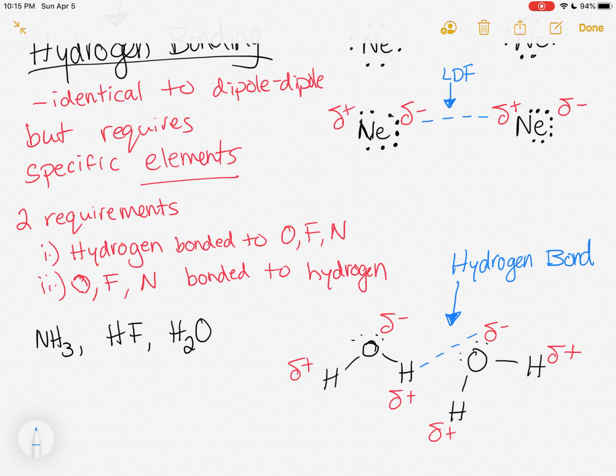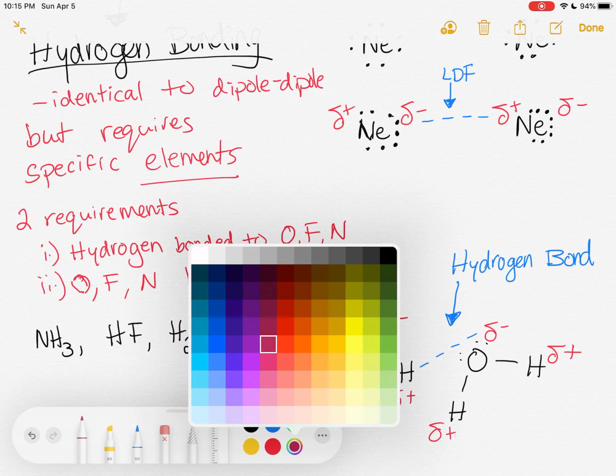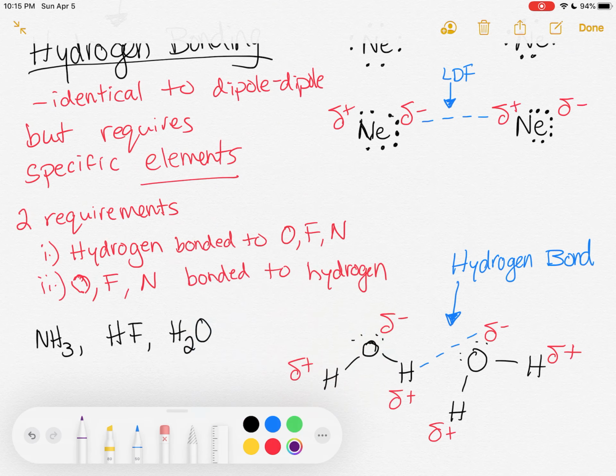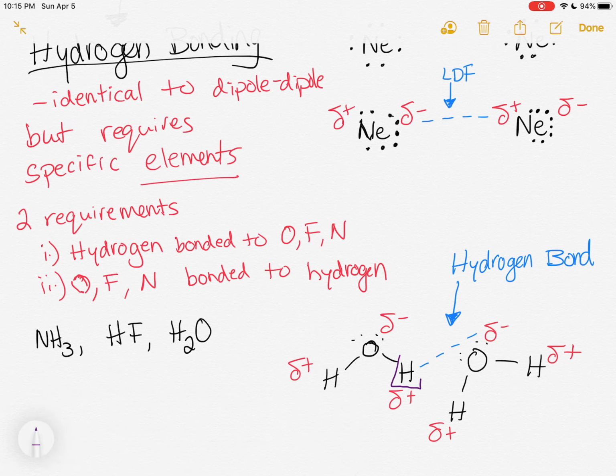Okay, now the trick for this, I'm going to draw it in purple here because I really want to highlight what needs to be occurring. So we need to have that partially positive hydrogen. It's going to be attracted to a partially negative oxygen, but that oxygen could have been a fluorine or a nitrogen and it still would have been hydrogen bonding.